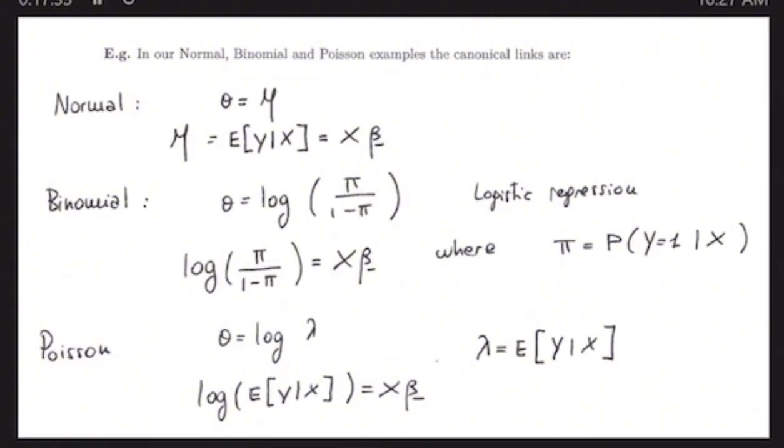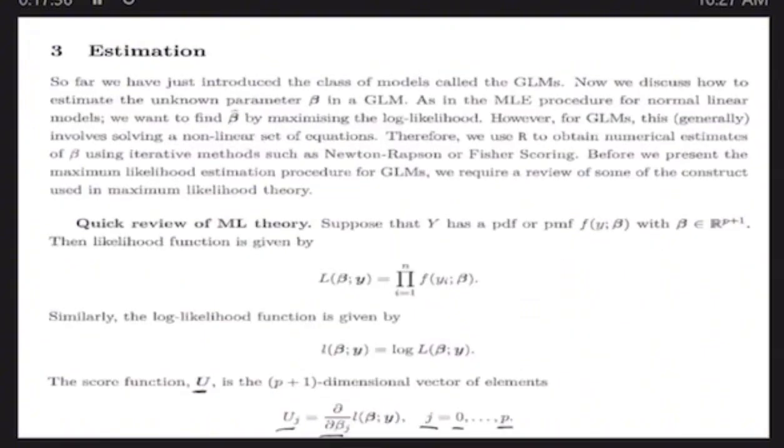Now, how do we estimate parameters? The parameters are estimated by the method of maximum likelihood. The moment the response variable is from the exponential family of distributions, maximum likelihood estimation is going to be used, and the approach benefits from asymptotic normality.